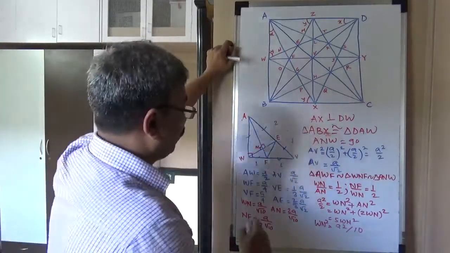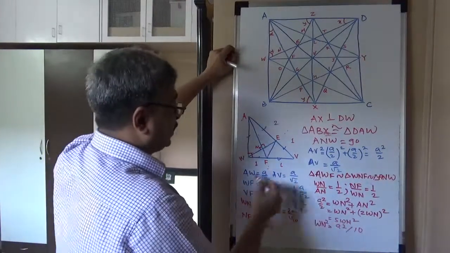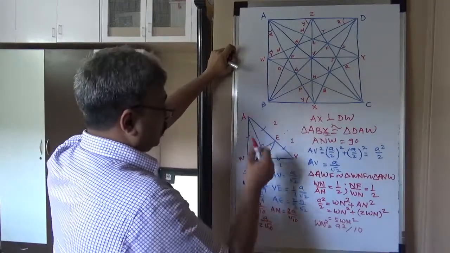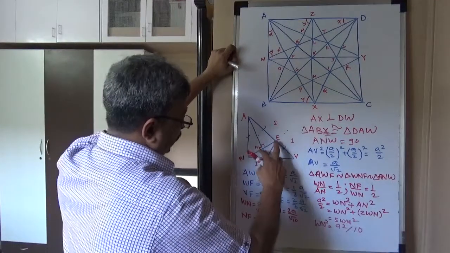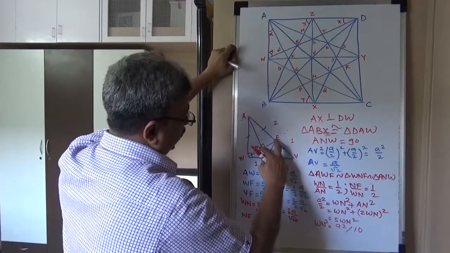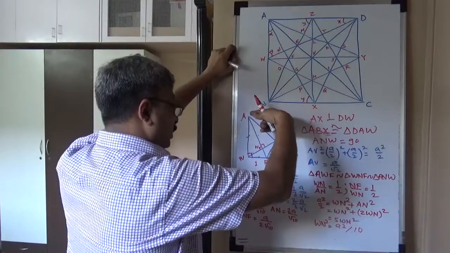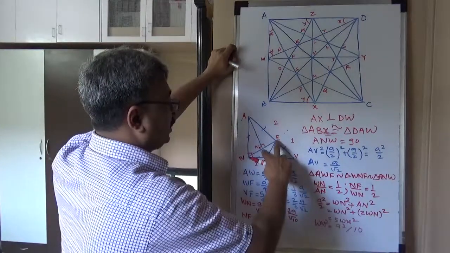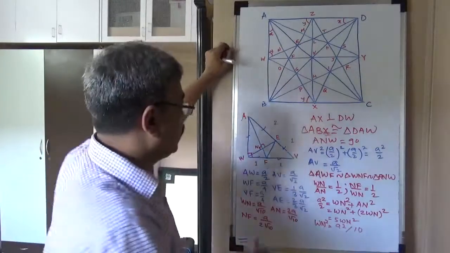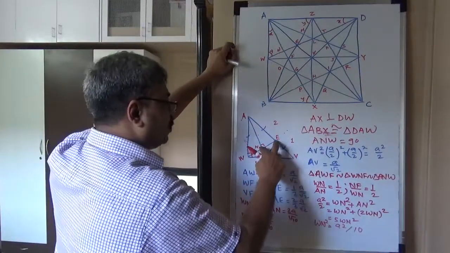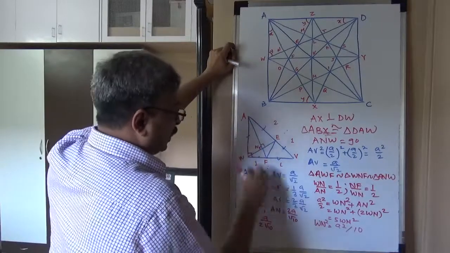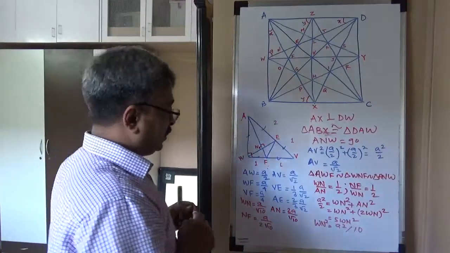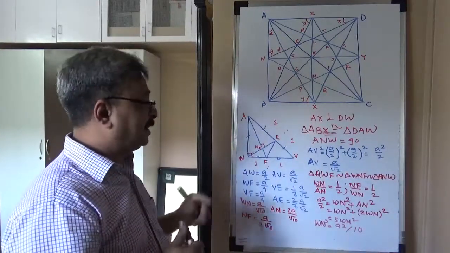So practically we could find out all the possible lengths in this diagram, and we should be able to complete it. We know AE, it is written somewhere here. A is known, AN is known, and therefore NE can be found out using Pythagoras theorem. This angle is 90. Now if NE is found out, NF is known, NE is known, therefore EF can be found. Okay, so this is as far as finding out different sides is concerned.